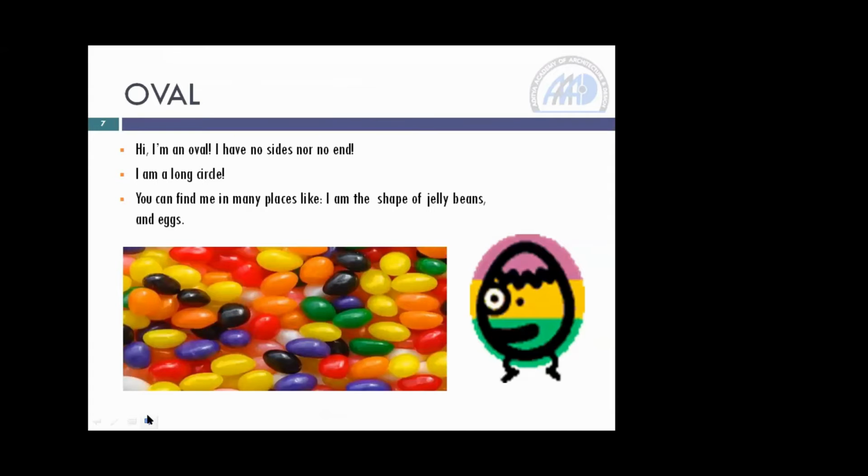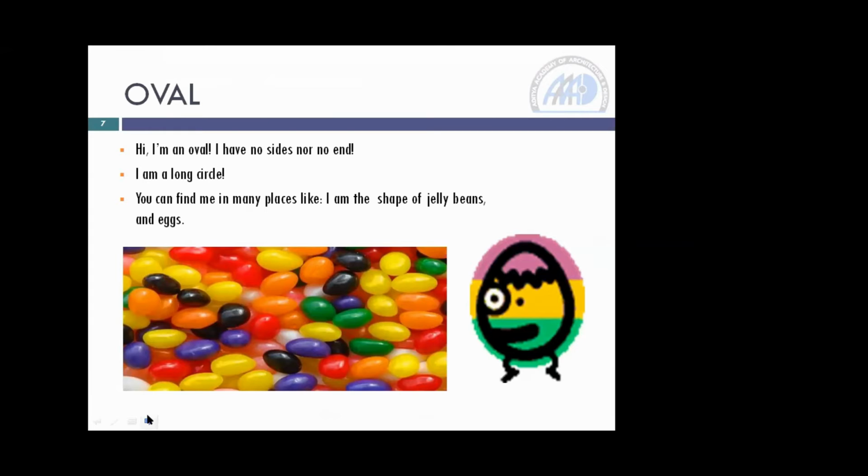So oval, what do you mean by oval? Can someone reply to this? What do you mean by oval, and where can we see this oval? Daily life. Egg. Okay. Divya, you wanted to say something?